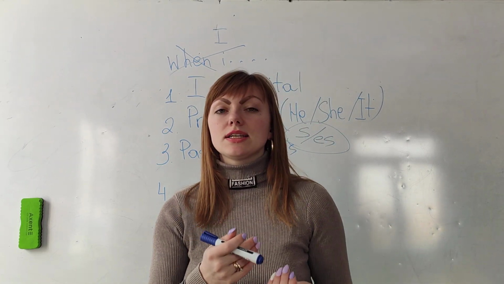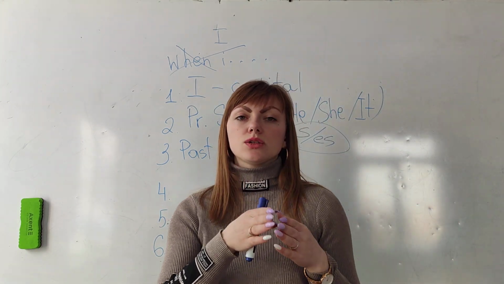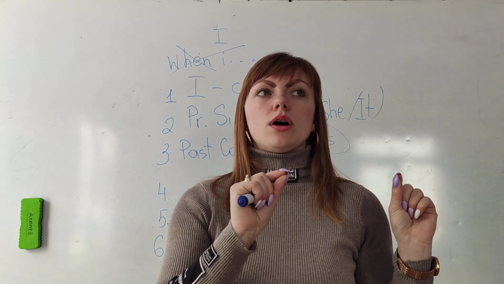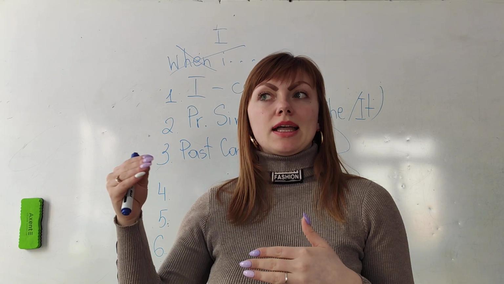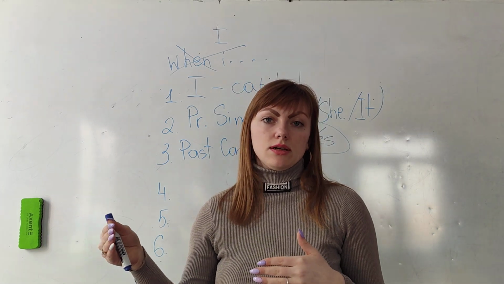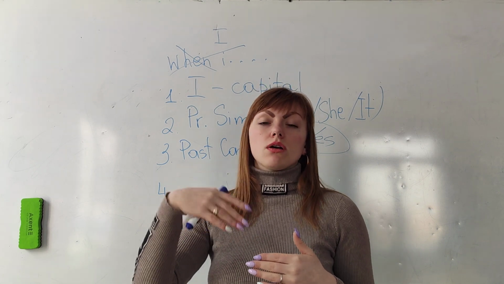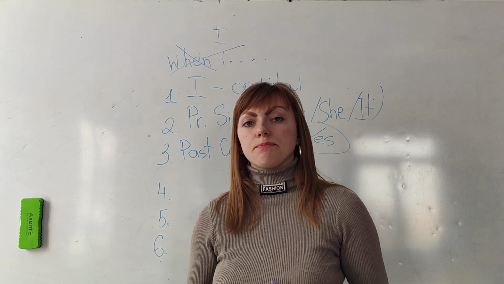So past continuous is the same but in the past. And we have to remember here that we need exact time. For example, I was doing my home assignment at 6 o'clock yesterday. I was doing, my action was going on, was continuous at that time.